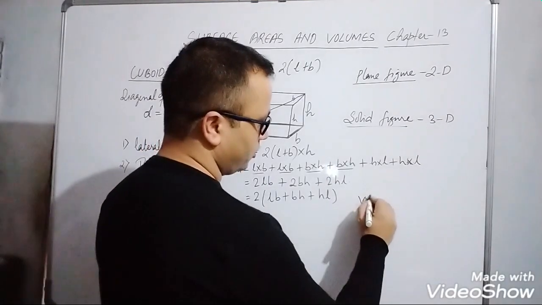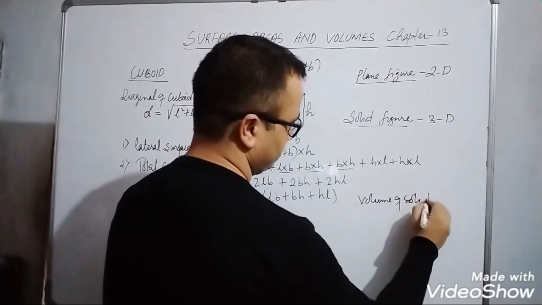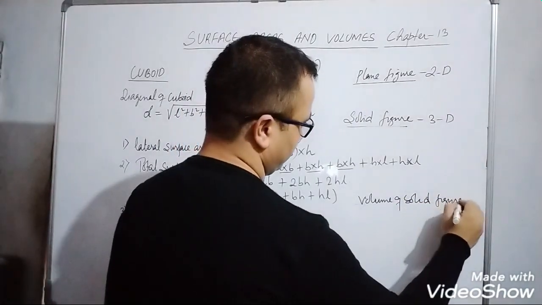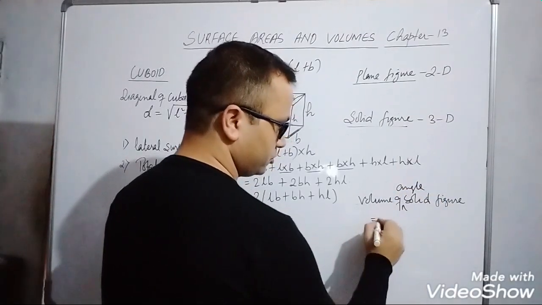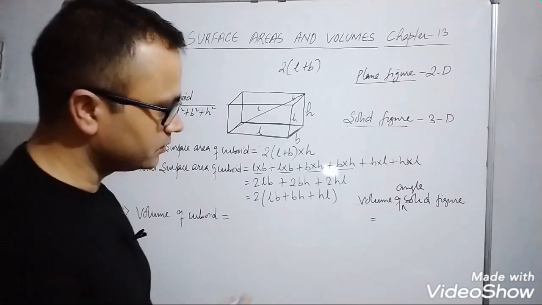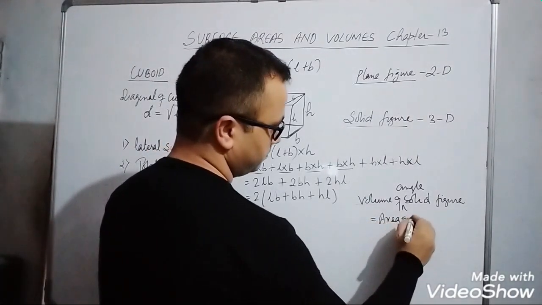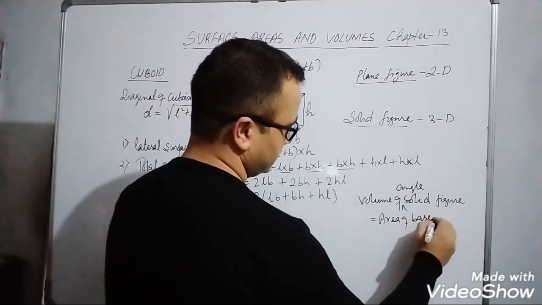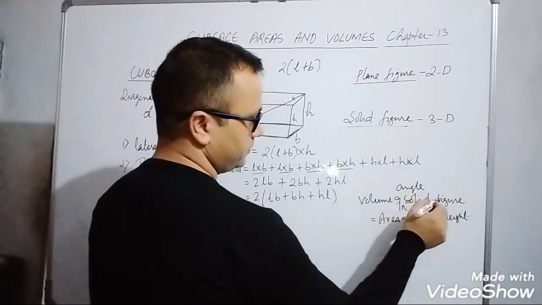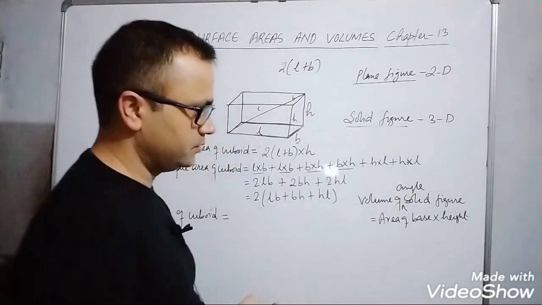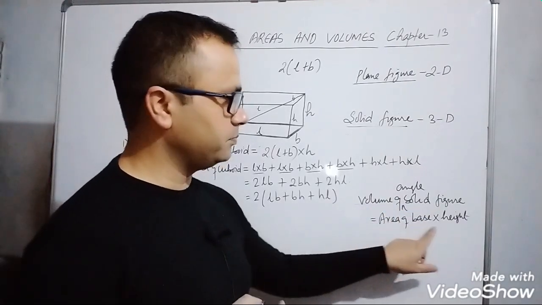The volume of any solid figure is equal to area of base into height, for any solid figure except sphere and hemisphere. So the volume of any solid figure is area of base into height.